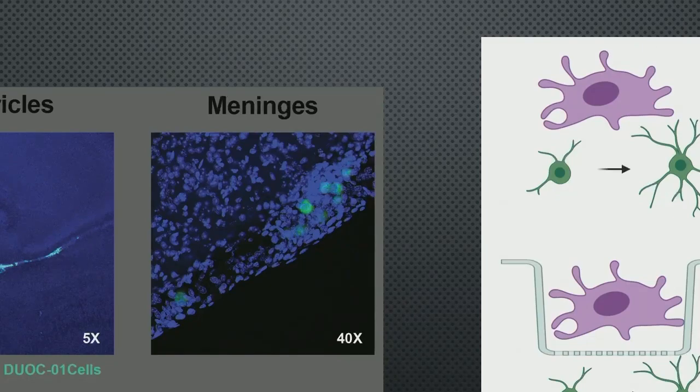Because when you inject cells into the CSF, there are a lot of neuroanatomical borders that separate CSF and interstitial fluid from the brain parenchyma itself. And even if you label these DOCO1 cells and inject them into the CSF, you never find them, it's rare that you would ever find one in the parenchyma itself.